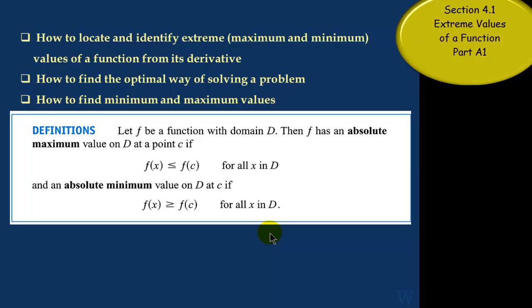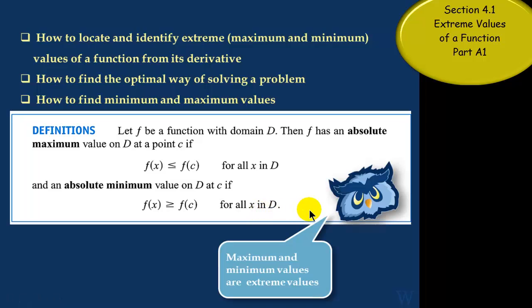Definition: let f be a function with domain D. Then f has an absolute maximum value on D at a point c if all the other f of x's would be less than or equal to f of c for all the x's in the domain D. And f has an absolute minimum value on D at x equal to c if all the f of x's, or all the y values, would be greater than or equal to f of c for all the x's in the domain D. Sometimes the maximum and minimum values are often referred to as extreme values.